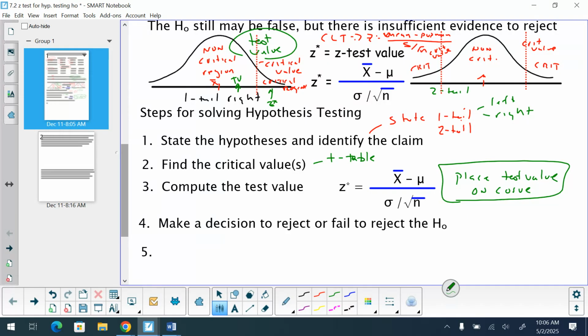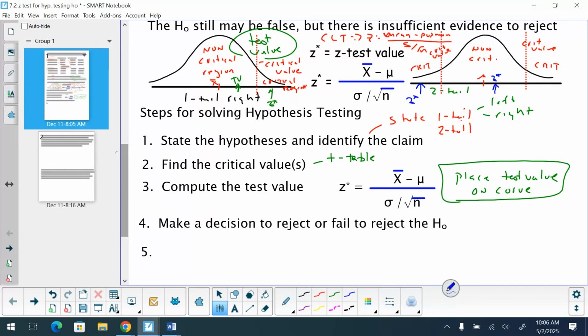If it falls in the non-critical region, I fail to reject the null hypothesis. If my Z test value falls in here, non-critical region, fail to reject. If it falls over here, I fall into a critical region, we reject the null hypothesis.